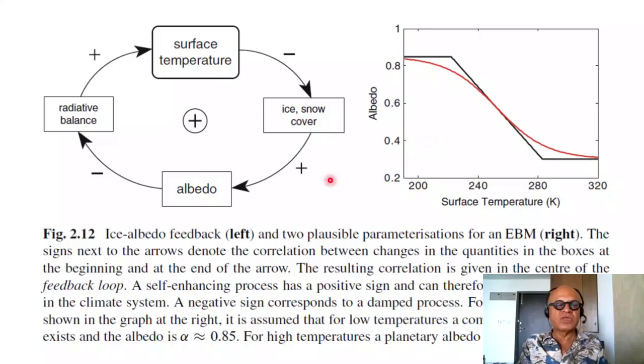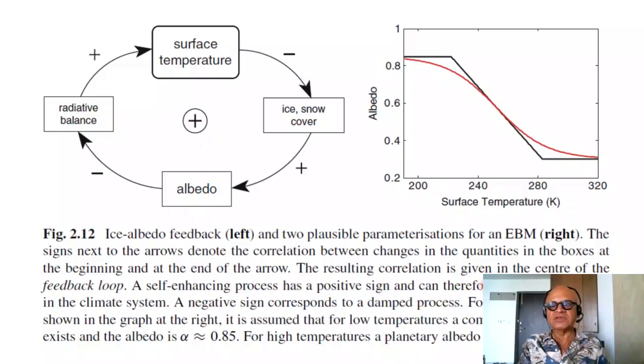Okay, so here we are looking at ice albedo feedback and two plausible parameterizations of an energy balance model. Here the signs next to the arrows denote the correlation between changes in quantities in the boxes, as we already said. The resulting correlation is given in the center of the feedback loop, so that's the positive feedback.